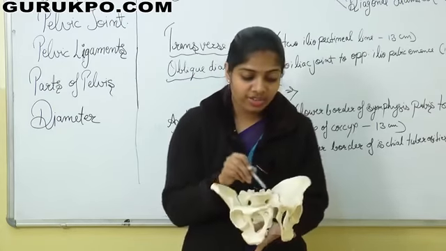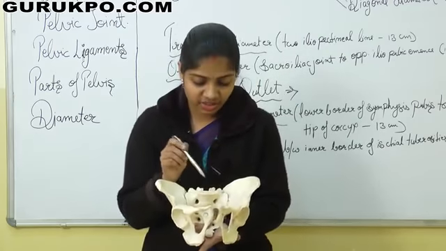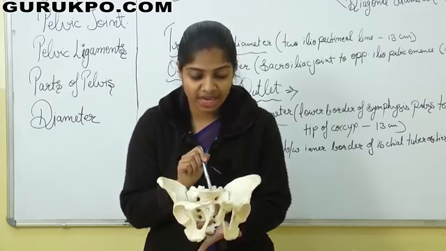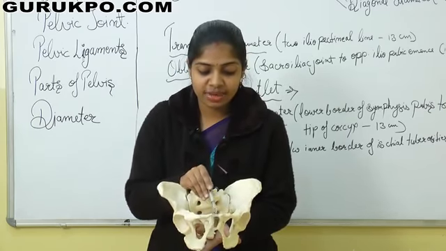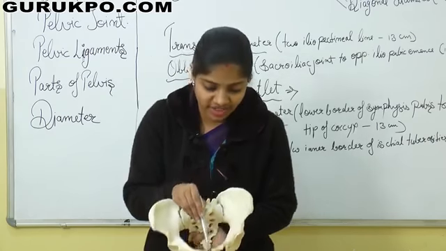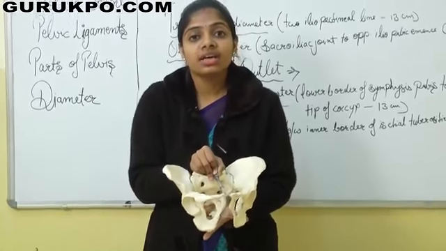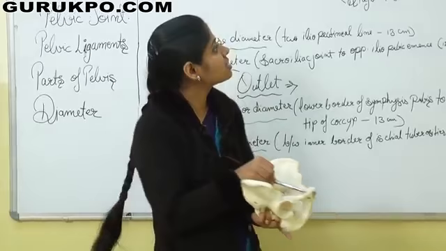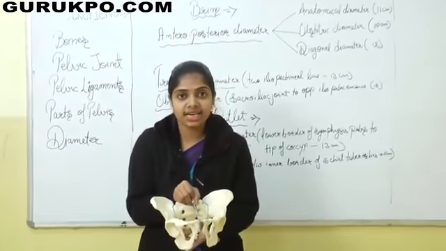Now we will talk about the obstetric diameter. It extends from the midpoint of the sacral promontory to the midpoint of the symphysis pubis, a little bit down from the upper portion of the symphysis pubis. This diameter is 10 centimeter.